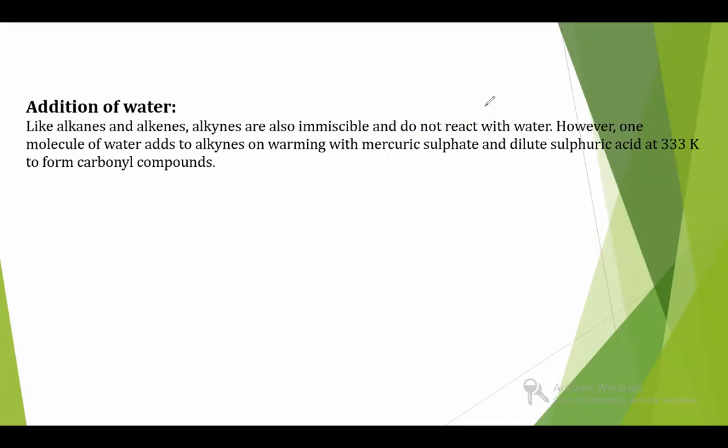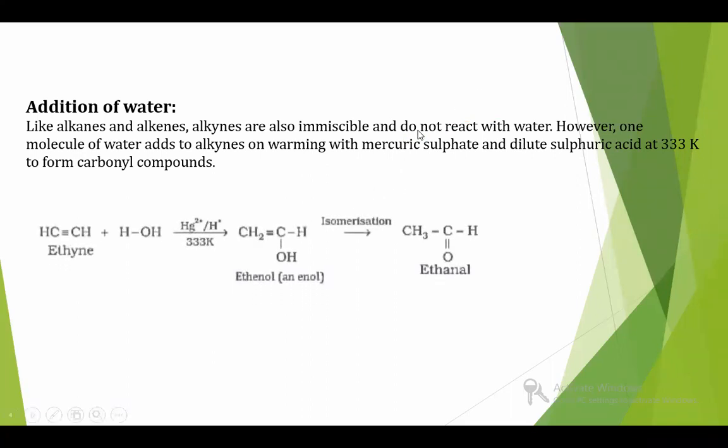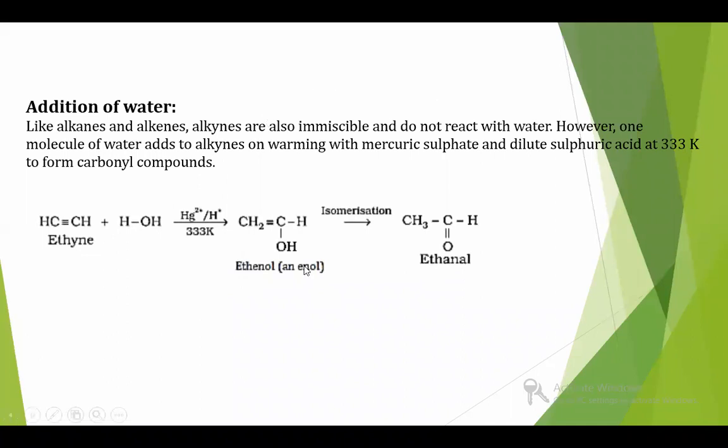Okay, so here for the addition of water, we'll see the chemical equation. First equation: ethyne, carbon triple bond. In presence of mercuric oxide it usually doesn't react with water; only under suitable conditions, that is, mercuric sulfate at 333 Kelvin.